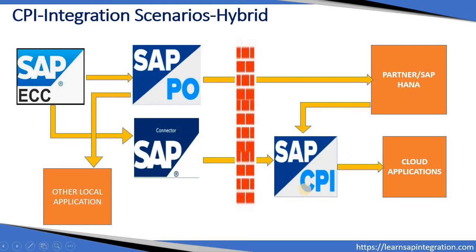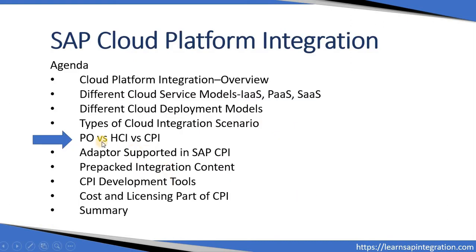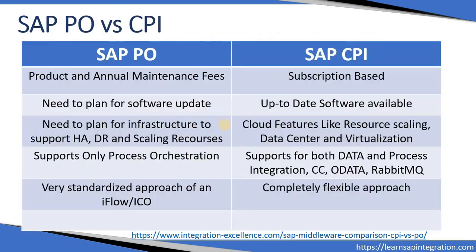Okay, today's session we are going to see the difference between SAP PO, earlier PI and PO, and HCI in between, and now the latest version called CPI. We're going to look into the differences in detail. Let's move on.